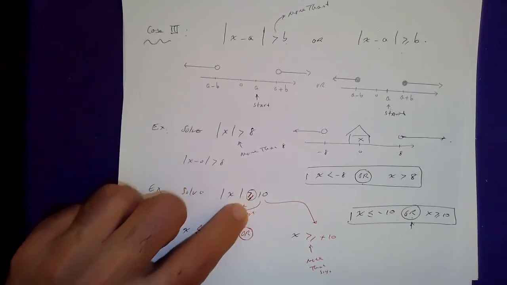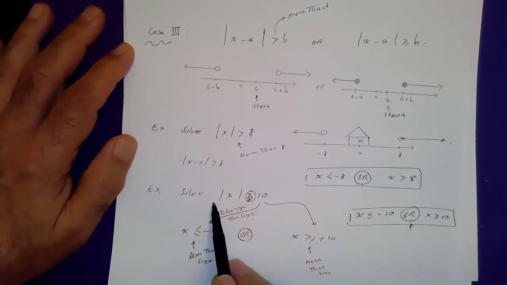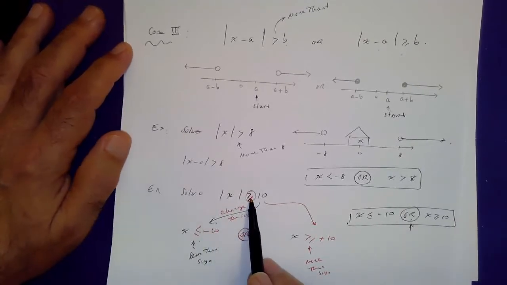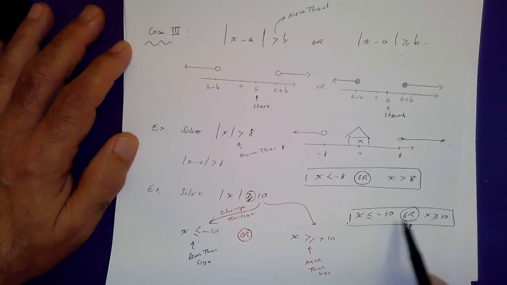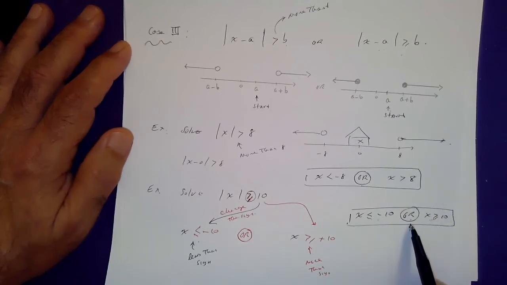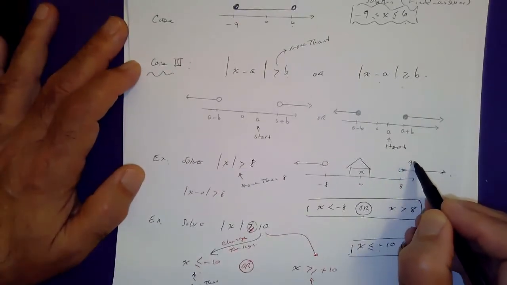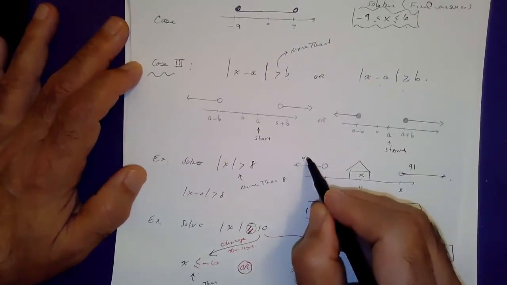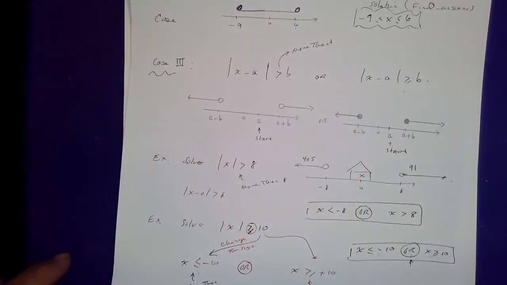So anytime you have absolute value with a greater than sign, you can bet your money the solution pops in two separate forms, and the connective word is or. In other words, this is like you driving your car on Freeway 91 or 405. It can't be both. It's either or. Do you see it?